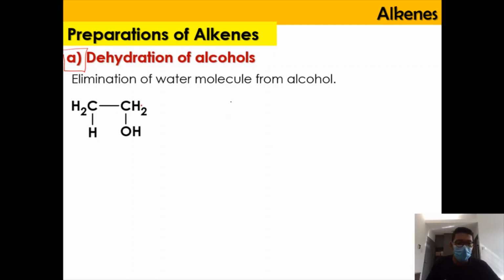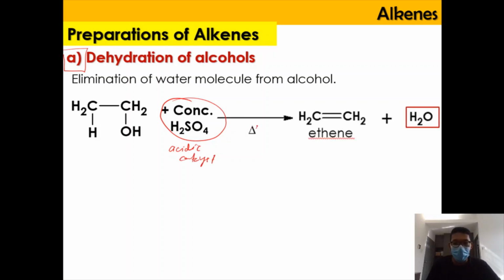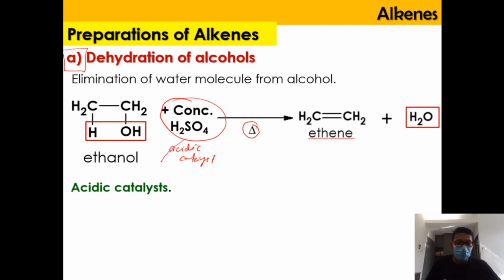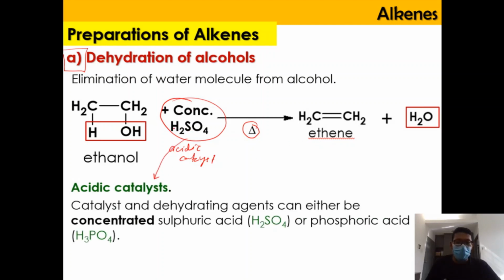For example, if we have ethanol here, when we treat it with concentrated H2SO4, which is sulfuric acid, acting as an acidic catalyst, and we apply that reaction at a very high temperature, we're going to remove the water from the ethanol in order to produce ethene. So the H2SO4 reacts as the acidic catalyst, and the catalyst here can be changed to phosphoric acid, so either one of those.